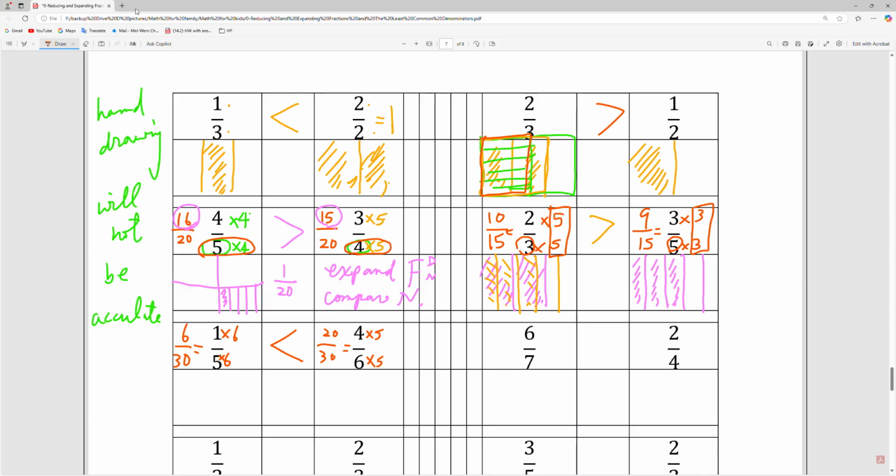This one I can draw a picture, because if I reduce, I divide by 2, I have 1/2. 1/2 is this big.